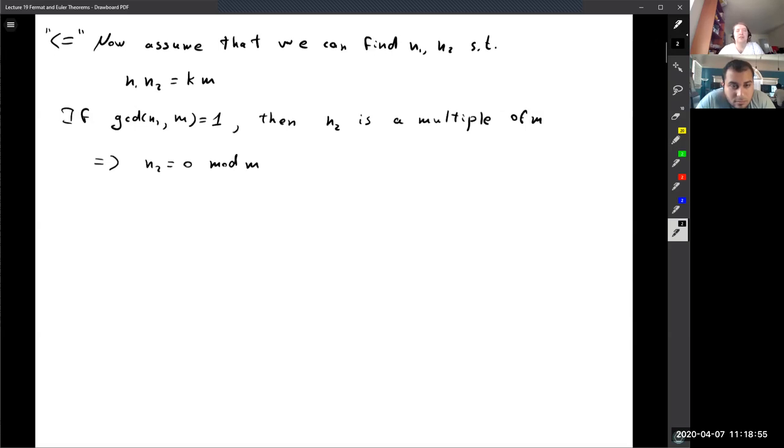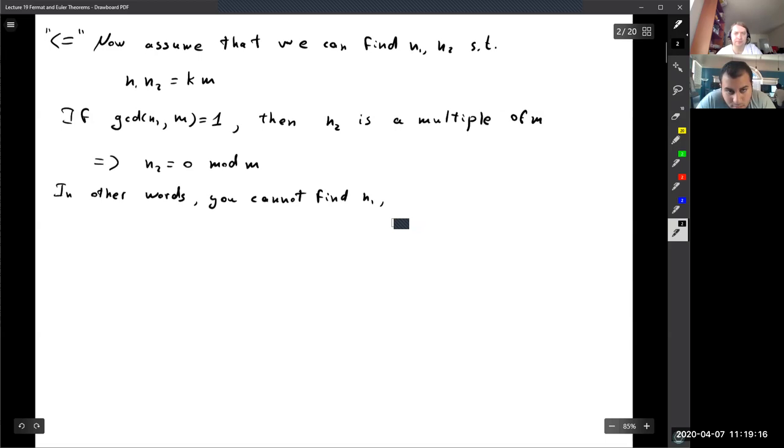So in other words, you cannot find n1 which is coprime with m and at the same time is a zero divisor.